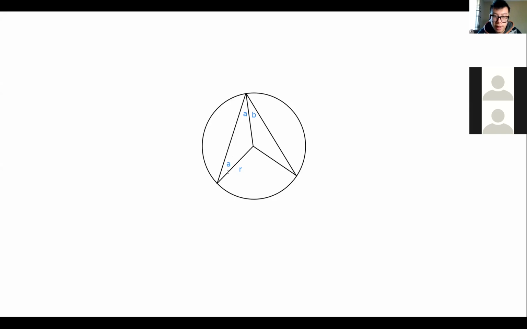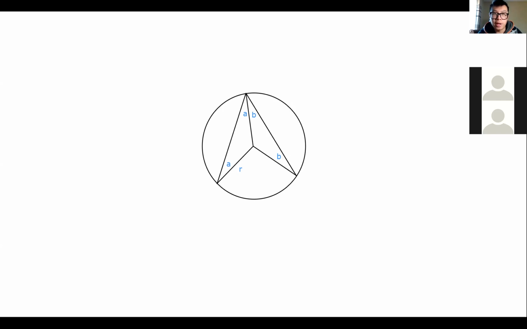So between this line and that radius, that is also equal to A. Hopefully everyone understands why. And similarly, on the right side of the triangle, we have angle B as well, between the right side of the Star Trek and the radius.